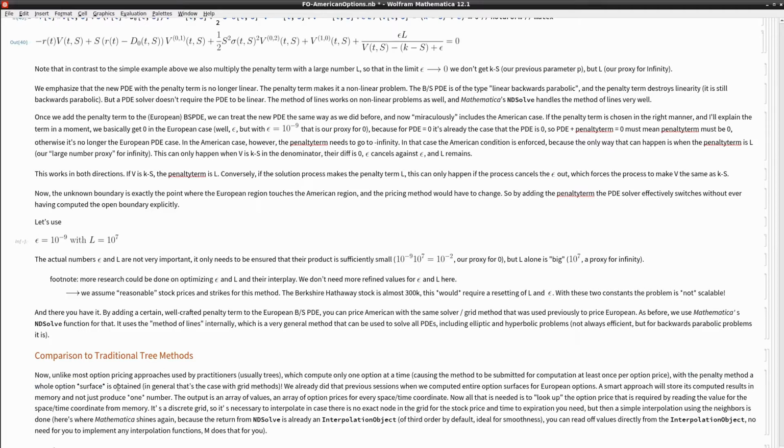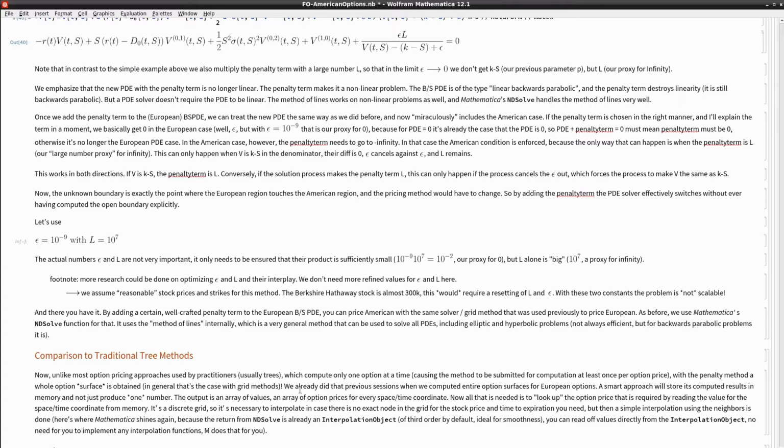It's not just submit for one price, compute, receive, get an answer for just one option price. In general, that is the case with grid methods. We generally like to use grid methods in order to get entire vectors of answers. So we don't want to submit something just to get one option price. And with a tree method, we do.